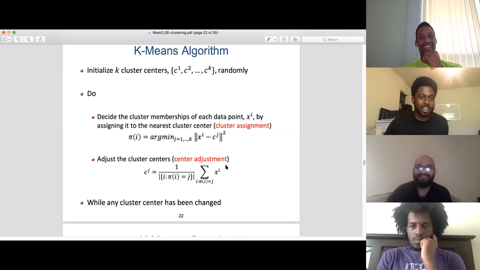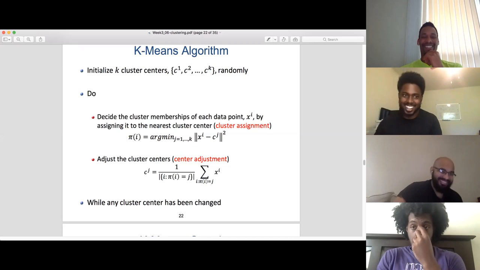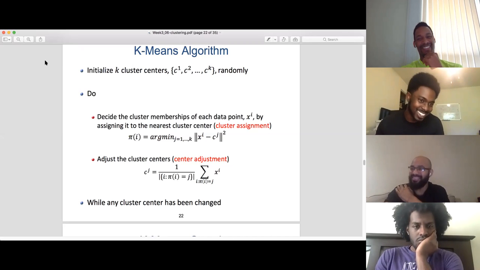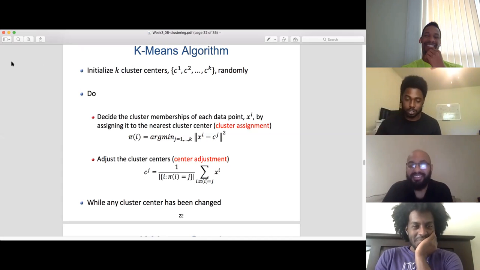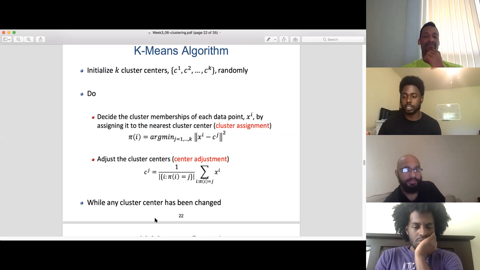And so now you're going to continue this. Poetry. Exactly. Well done for the inventors. So you're going to repeat this 2-step process until your cluster centers stop changing. That's what we're going to define as our convergence here.